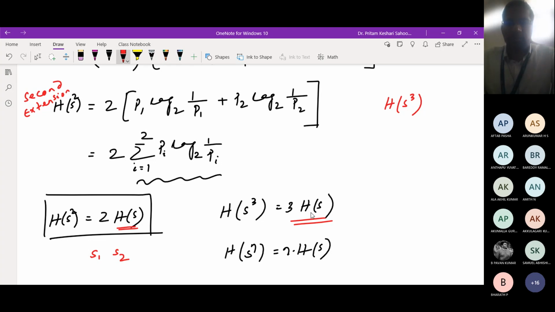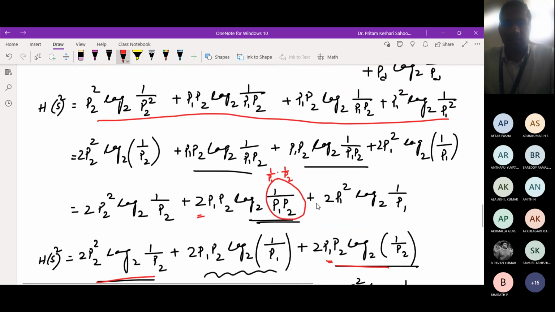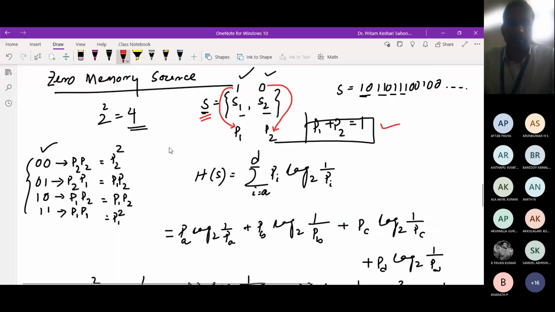All right. So if it will be asked to find the third extension, here you have two symbols, S1 and S2. So 2 to the power 3 will become 8.